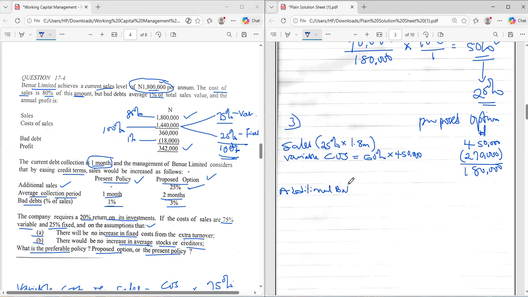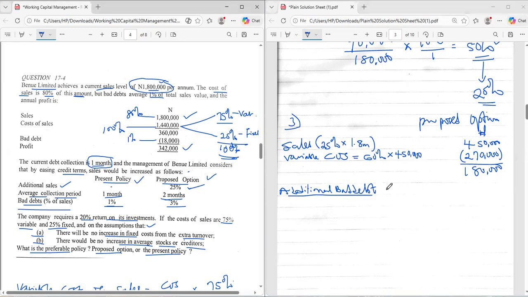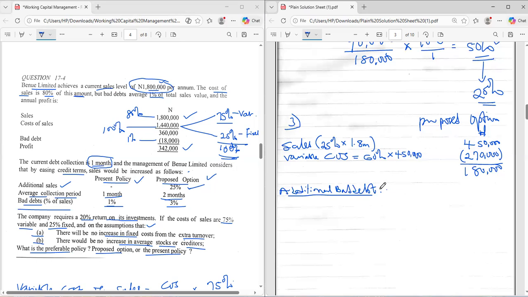Who can tell me what happened to bad debts? Check the question now. Bad debt increased. It was 1%, now it's 3%. So how do we calculate the increment? Let's say old bad debts and new bad debts, so we can get the increment.